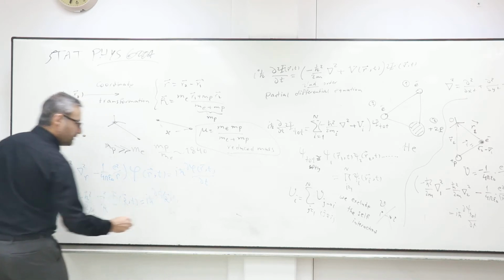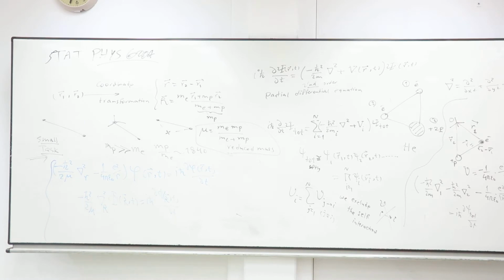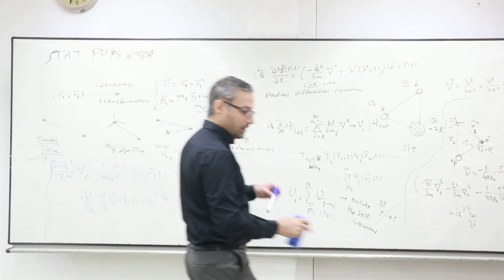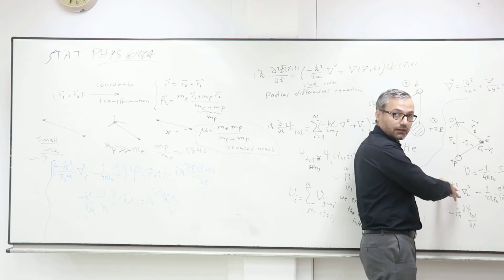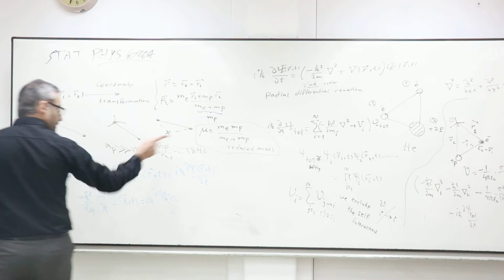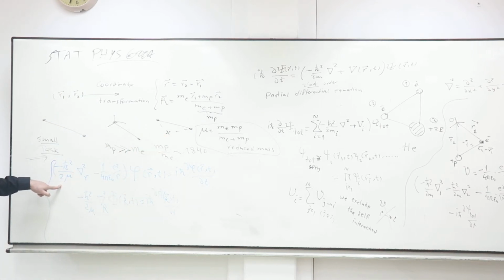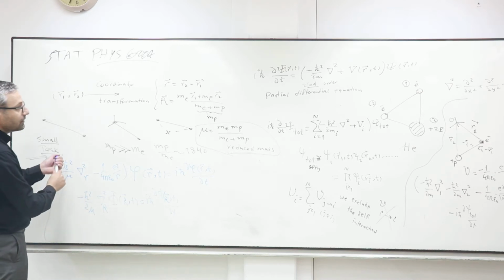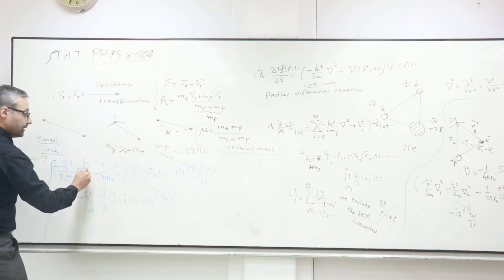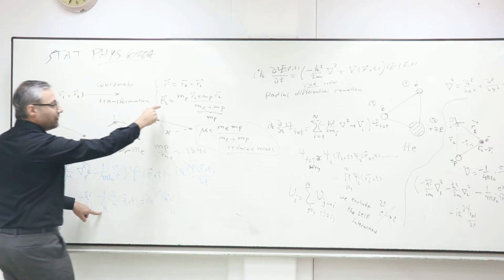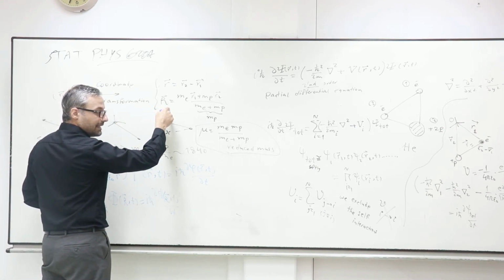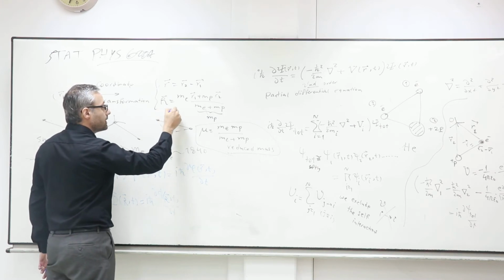You see, one great advantage is that I started from the system with two particles and one equation. I split the system now into two equations. And the interesting thing is that the first equation is related to this relative coordinate, and the second equation is related to this. You know what the name of this is in physics? Center of mass.